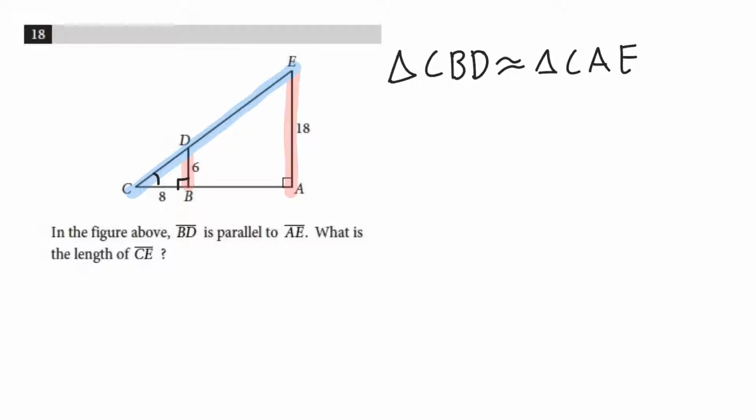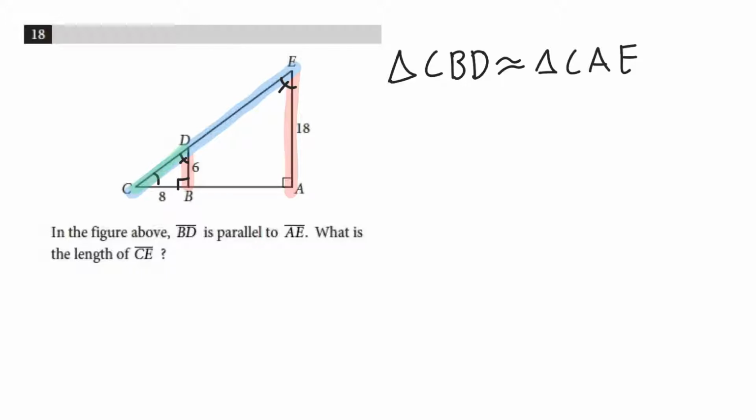Okay, so that means they're similar, and they both share this angle as well. Now, because of that, their side lengths are going to be proportional. So why don't we calculate the length of CD, and we know that that's going to be proportional to CE.